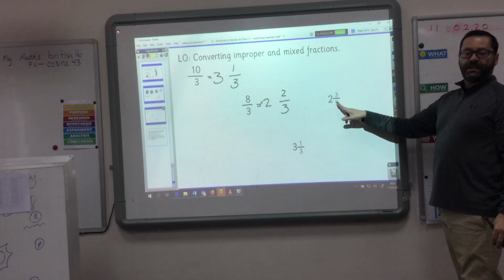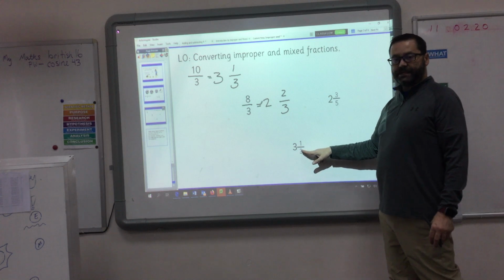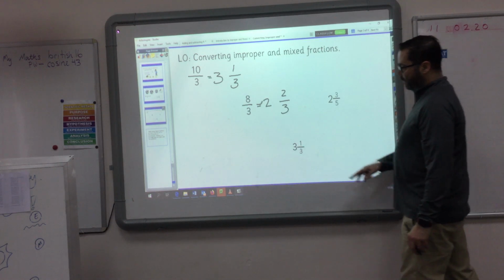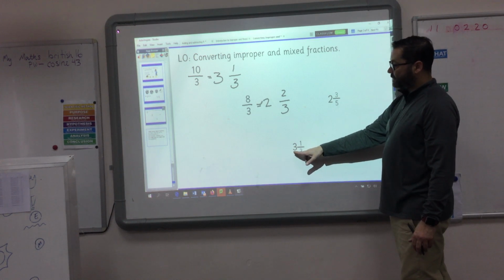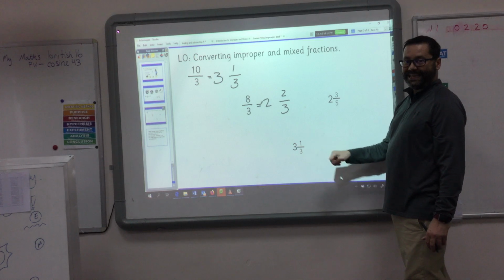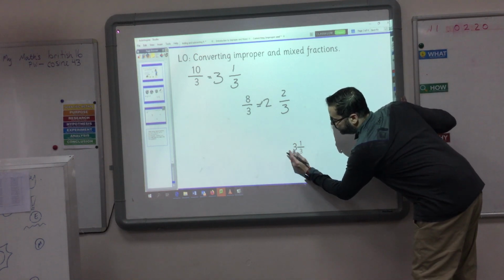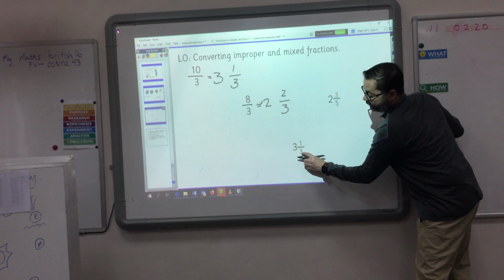Now, I'm going to use a nice visual in order to help me with converting the mixed fractions back into improper fractions. So I want to find out how much is 3 and 1/3 in an improper fraction. So what I'm going to do is represent this. I know that this 3 is 3 over 3 to make one whole.